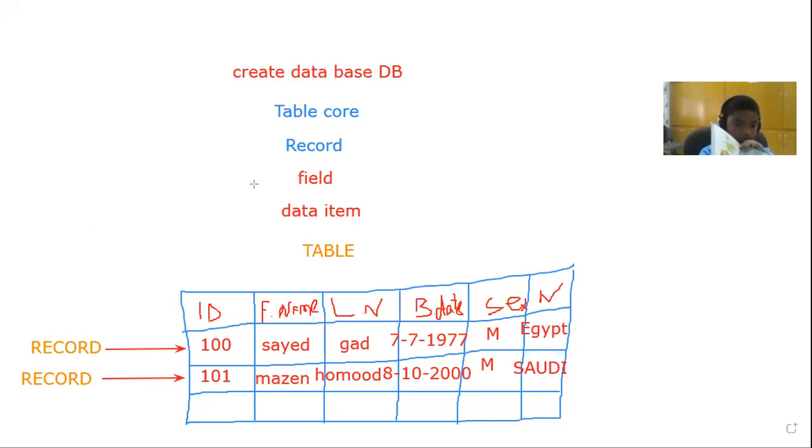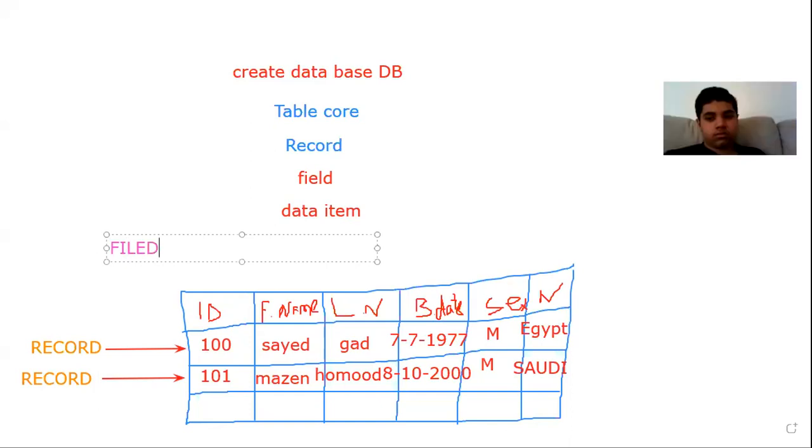Welcome back, Mariam. So any table must have some records. All this data is called records. So what does a record include? Any record must include some fields. This one is called a field.